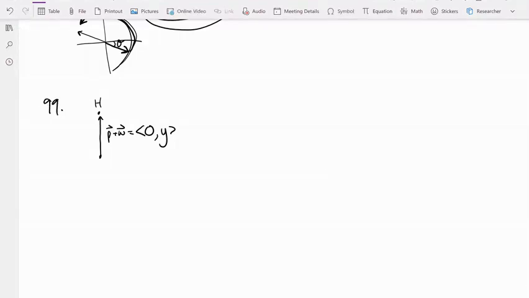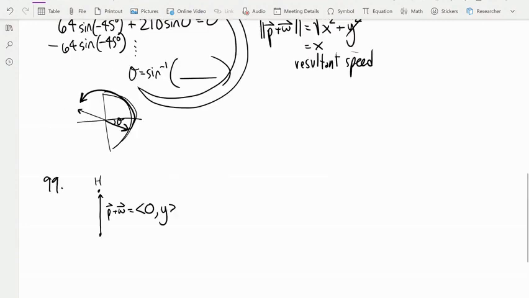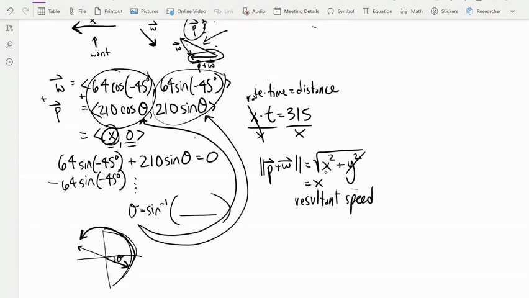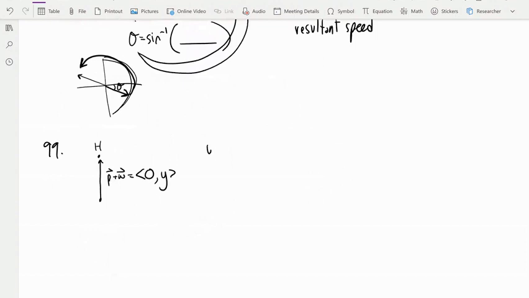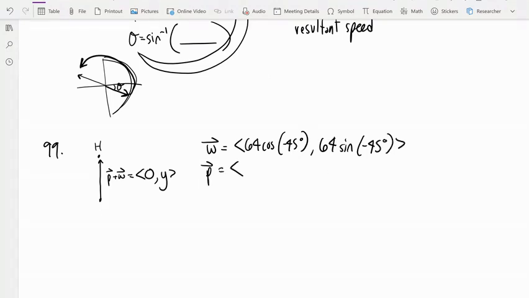And this is actually very similar to part C on the previous problem, in that I have to figure out, like, okay, I know what the wind is. The wind is 64 cosine negative 45, 64 sine of negative 45. So I know that's the wind vector. The plane's vector is my unknown. So I don't know what my plane's vector should be.